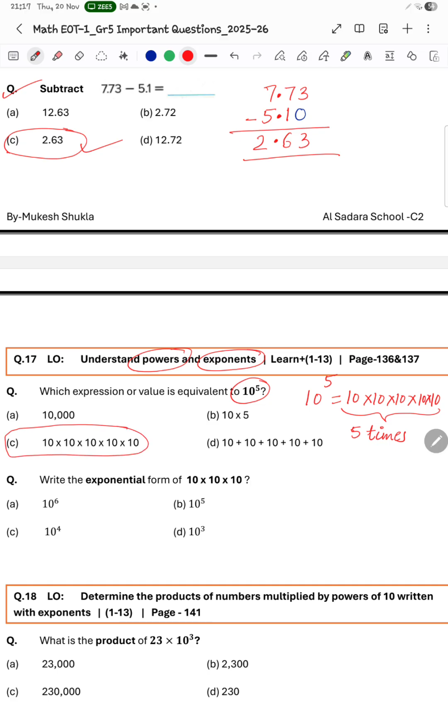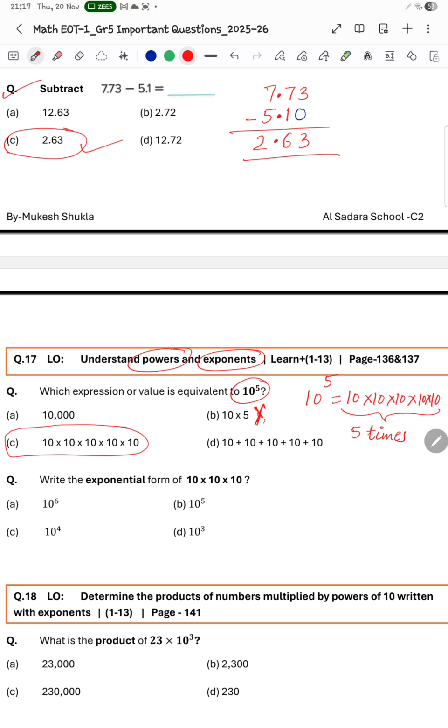Okay. So remember, 10 times 5 is wrong. Power means the base is repeated as many times as the exponent. So if the exponent is 5, the base will repeat 5 times.